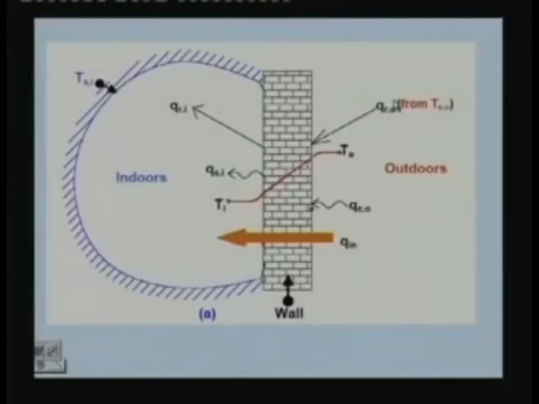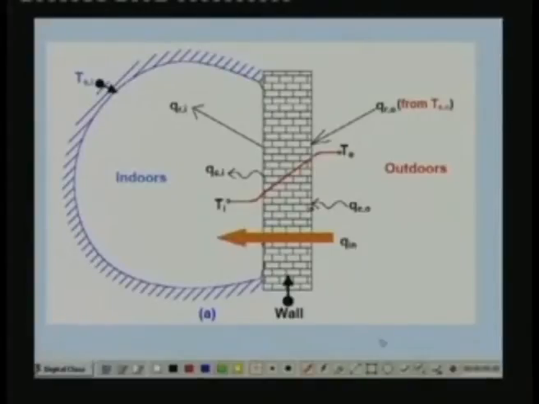So, this is a homogeneous wall. Okay, so this is the wall, and these are the outdoors, and this is the indoors. And just for an example, let us assume that the outdoor temperature T0 is greater than indoor temperature Ti.